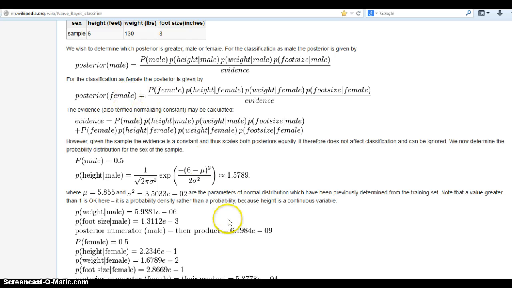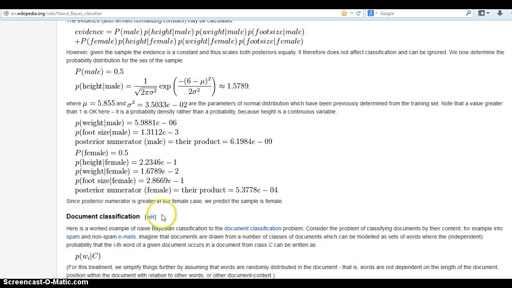Now we also want to do it for the female. So using the respective means and variance values for each feature according to the female results, we get these 4 values, which is all in the numerator. Multiply those all out, and we get this value. So you can see clearly that the posterior value for the female is higher than this value here for the male.